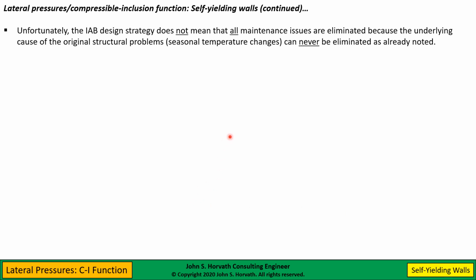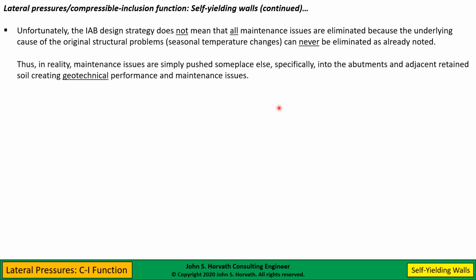Unfortunately, the IAB design concept does not mean all maintenance issues are eliminated, because, as I said, we can never eliminate the underlying physics of the problem: this bridge is going to be affected by seasonal temperature change. In reality, what's happened is the maintenance issues are pushed somewhere else, specifically into the abutments and the soil retained by the abutments.